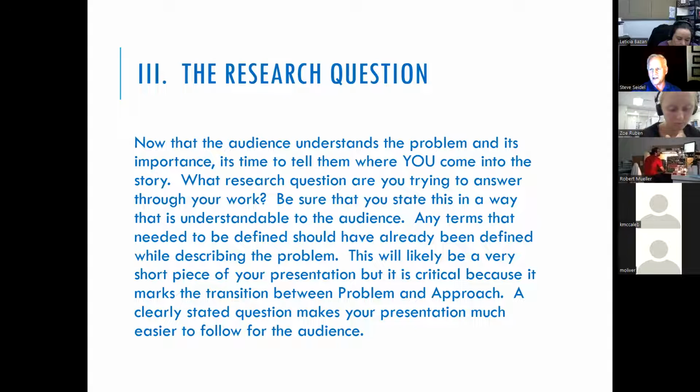You slow down, make sure that participants hear it and understand it, and usually following that, if you're doing research where you approach the problem, you get to say something like, and this is where I come in. Language like that keeps the audience involvement peaked, and then you go into essentially your method.